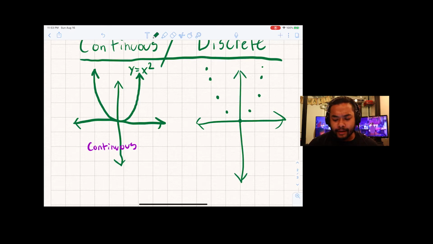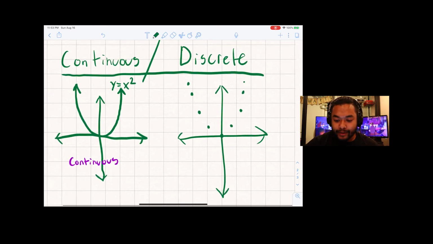But what's the difference here? Because I just drew a discrete function. What's the difference? Hopefully it's easy to notice that one of these, like I said, is this flowing line. Never stops, keeps going through every single point it touches, every little minuscule point.